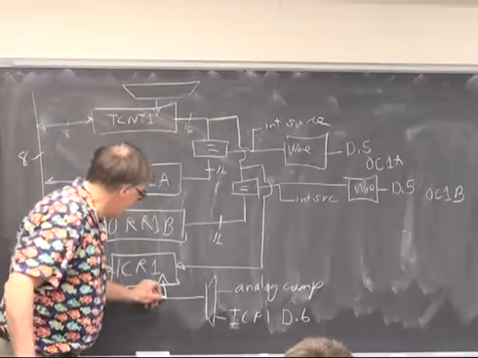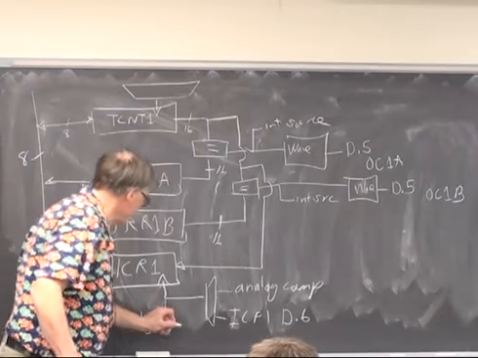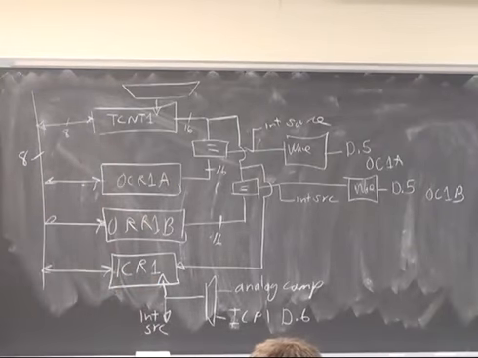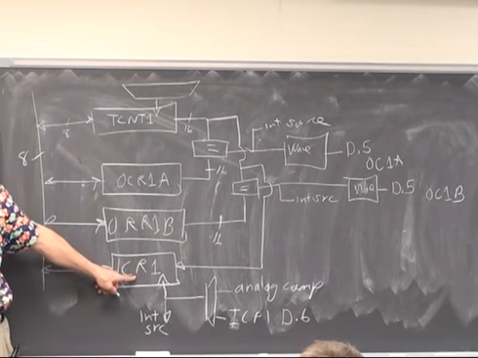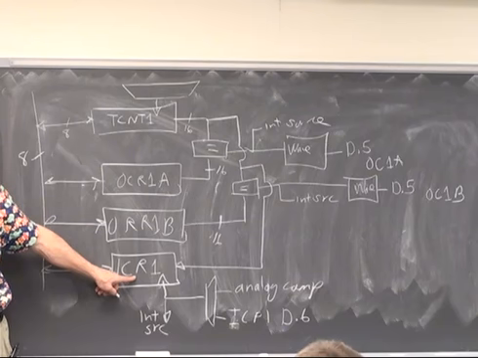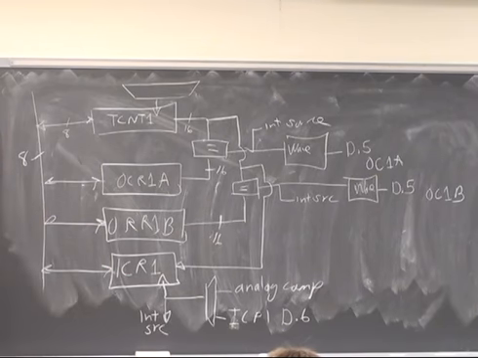We could generate an interrupt off that capture signal, go to the interrupt service routine, read our ICR1 directly in the interrupt service routine, and then we know the exact time at which the transition occurred.